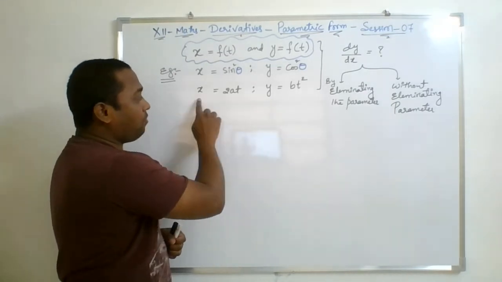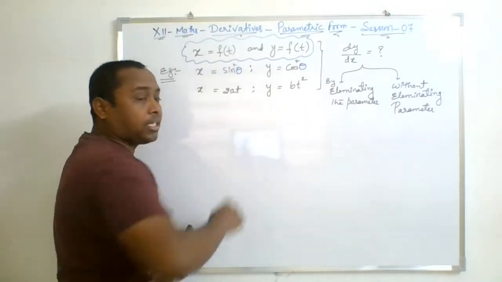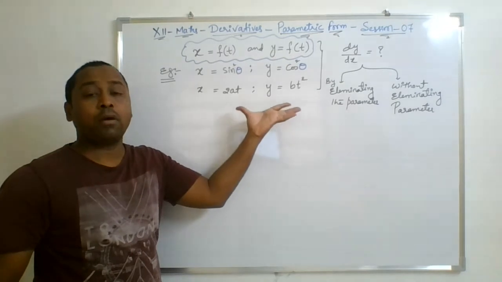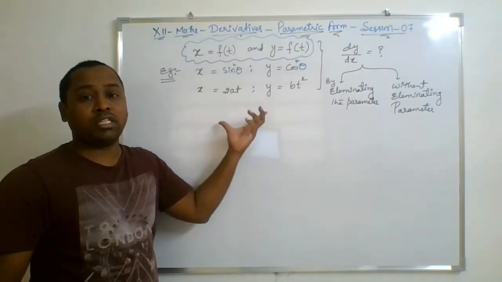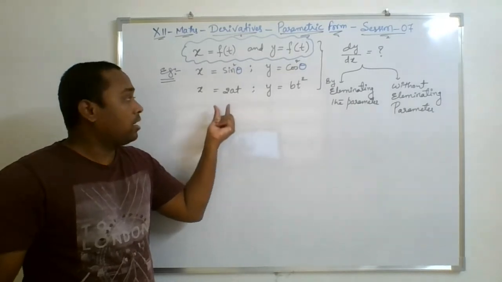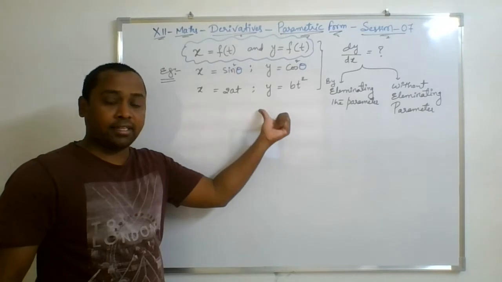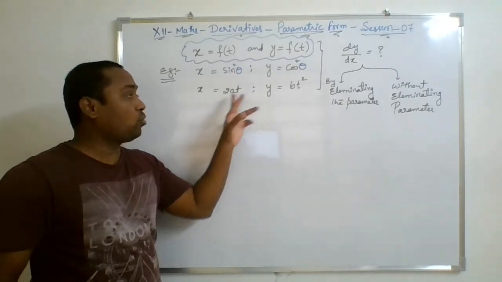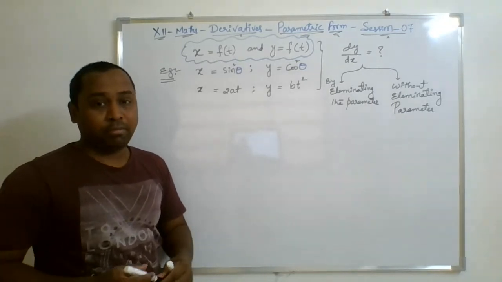Here x and y both are expressed in terms of t, hence t is called the parameter. So what does parameter mean here? It is the common variable through which you can relate x and y. You can relate x and y through this variable simply by using the substitution method.